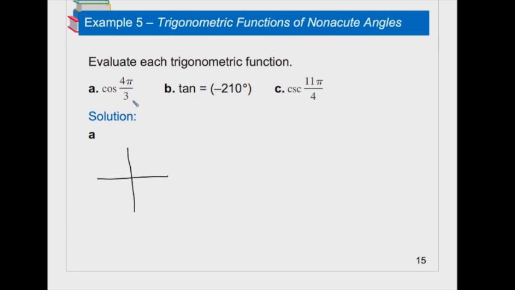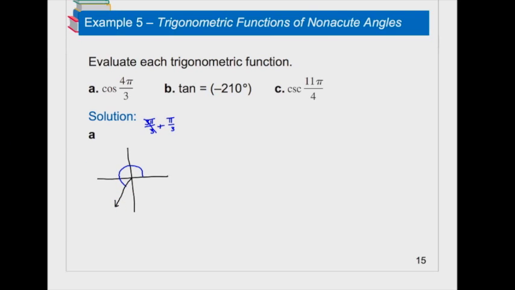4 pi over 3. I know 4 pi over 3 is something like 3 pi over 3 plus another pi over 3, because that would be 4 of them. So I know that 3 pi over 3 is essentially just pi. So it rotates this much, and then plus another pi over 3 rotation. So this is about what I'm looking at here.